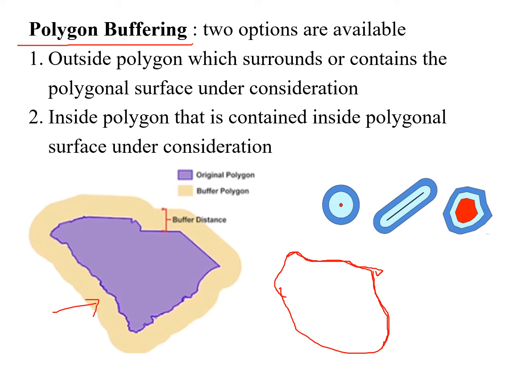There could be two forms: either outside the polygon, which surrounds or contains the polygonal surface under consideration, where the outside of the polygon is the buffer; or a different form inside the polygon, where you can create a buffer zone inside like this.